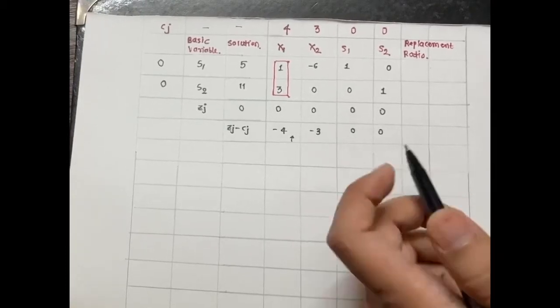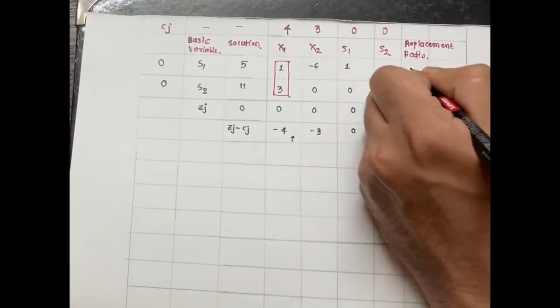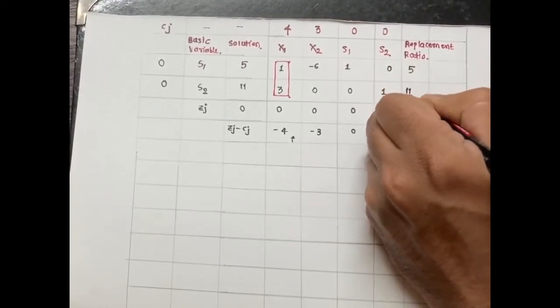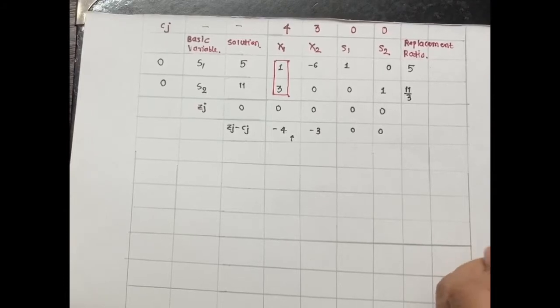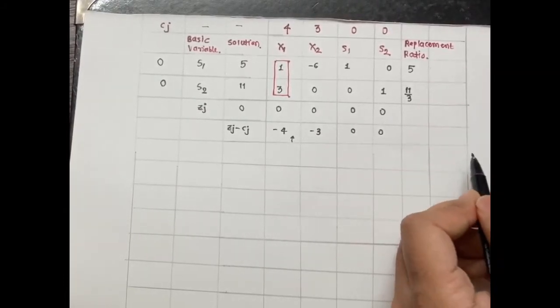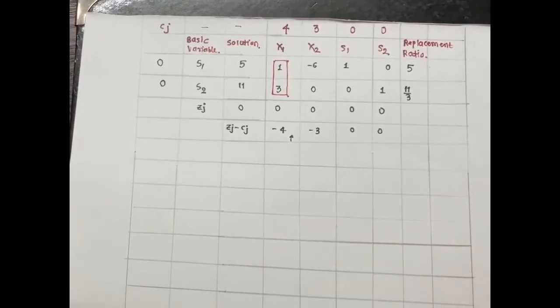Now if I do the replacement ratio computation, it is 5 divided by 1, which is 5, and here I get 11 by 3. Among these two, 11 by 3 is the lesser value.